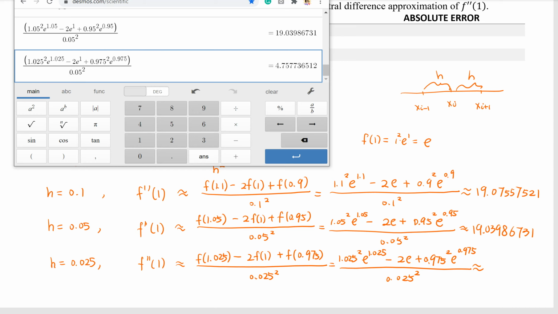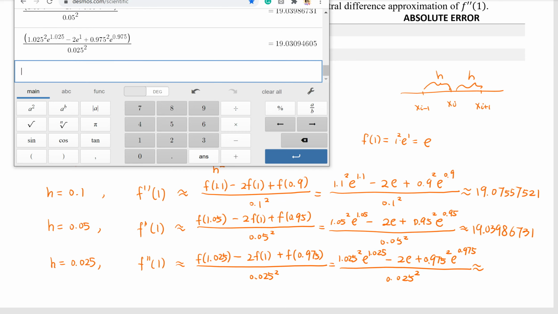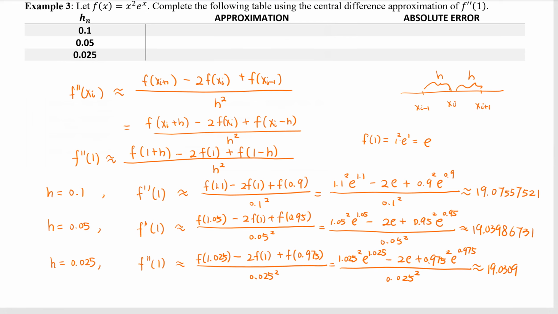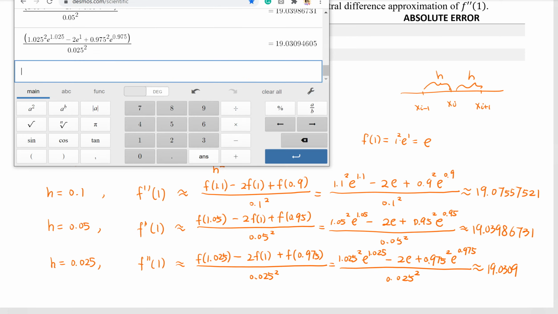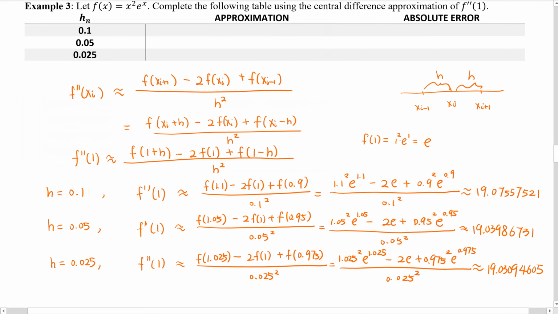See, we just insert, modify a little bit, 0.025, and enter. 19.0309 4605. So far, so good, everybody? Okay, so those are the approximations. Next, let's calculate the true value.